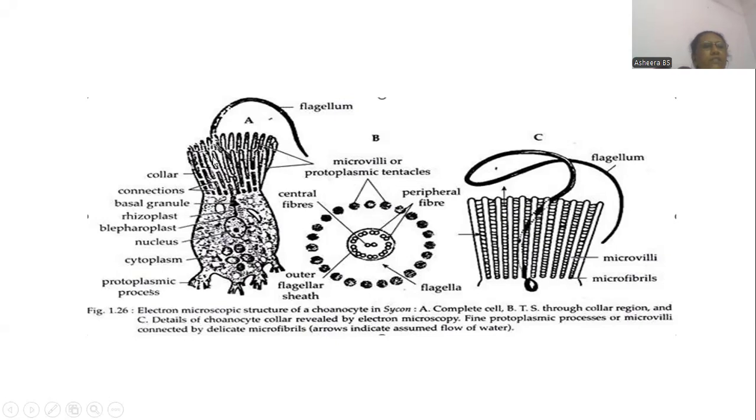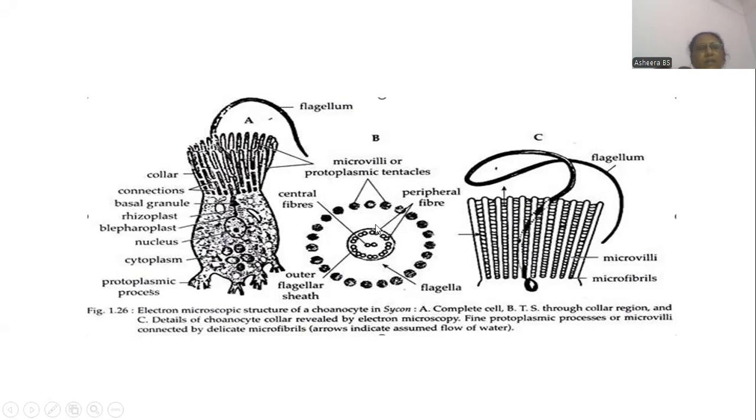And you can see this is a collared cell, as I told you. So they have the collars here. The collar is made up of microvilli and microfibrils. You can see the microvilli, and the microfibrils present, which form the collar in the choanocyte cell.